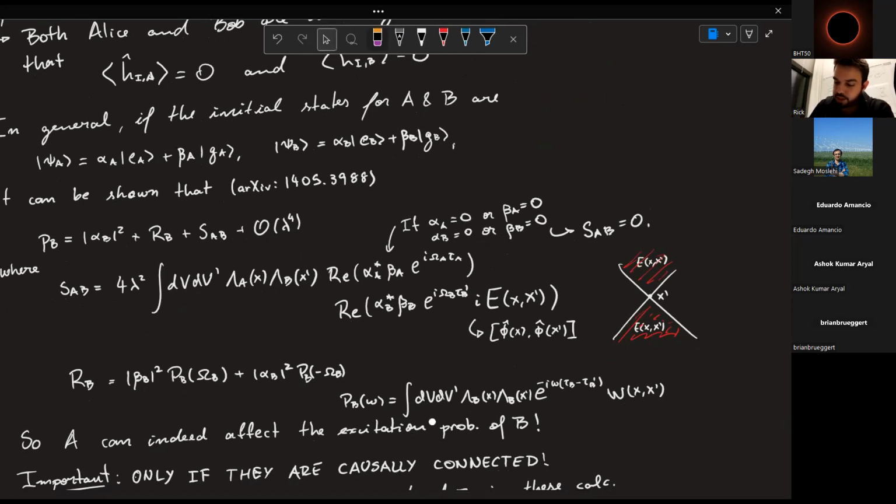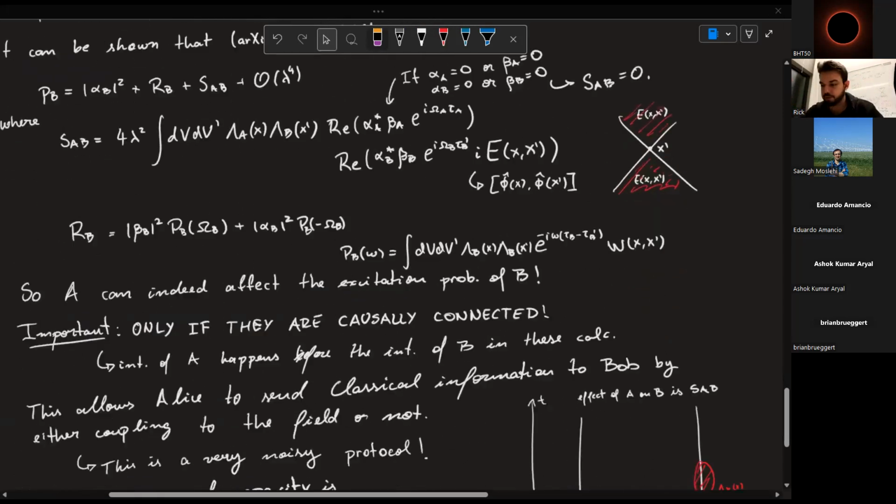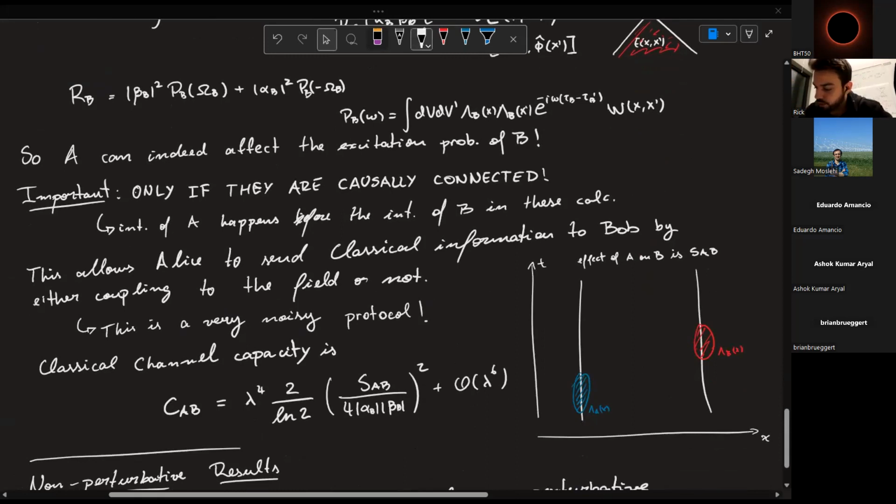Just notice that this is an integral of the causal propagator, E of x prime, where the support of A and the support of B basically define the region where this integral is defined. So if you integrate this dv prime of the lambda B of x prime with the E of x prime, what you will find is that this integral will result in a function, which is basically the propagation of lambda B within its causal cone.